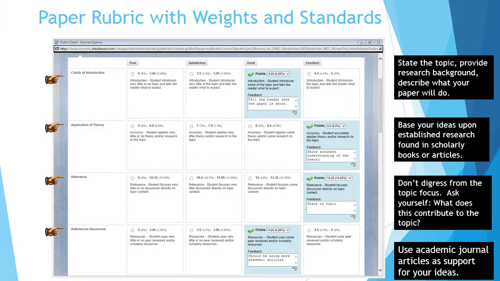However, you can't base all your opinions and conclusions upon a news story that may turn out to be totally irrelevant in a couple of days. Okay? So you've got to use the academic journal articles that you find in the Kaiser Online Library.